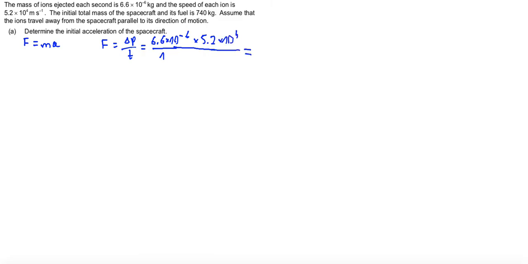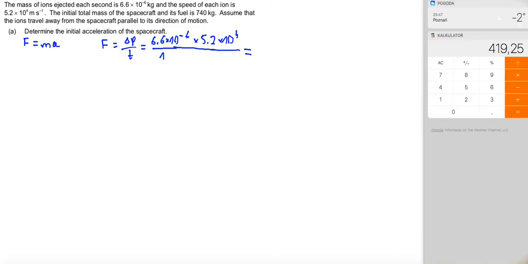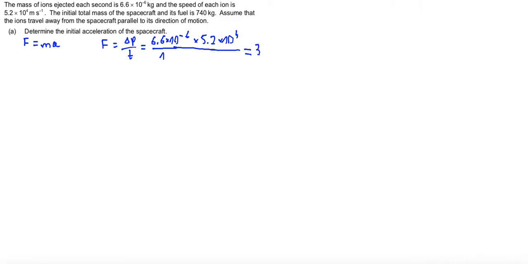Multiply: 6.6 times 5.2 gives 34.3, so 34.3 times 10 to the power of minus 2, which is 3.43 times 10 to the power of minus 1 newtons. Very small force, but the mass of ejected ions is very small.